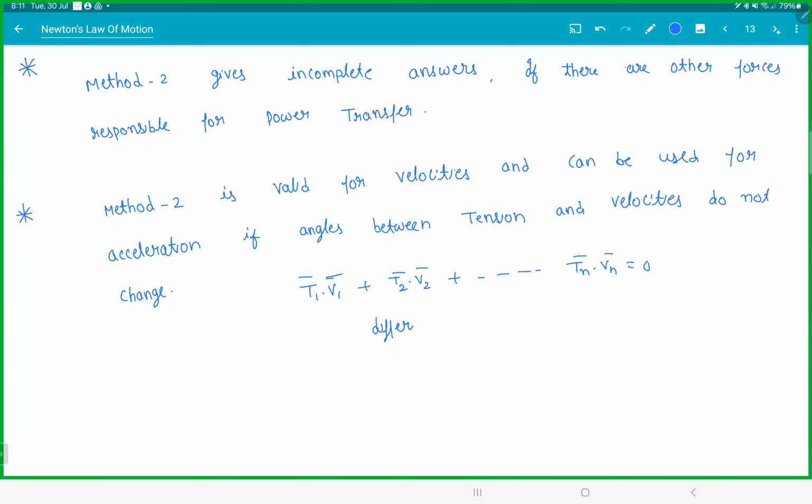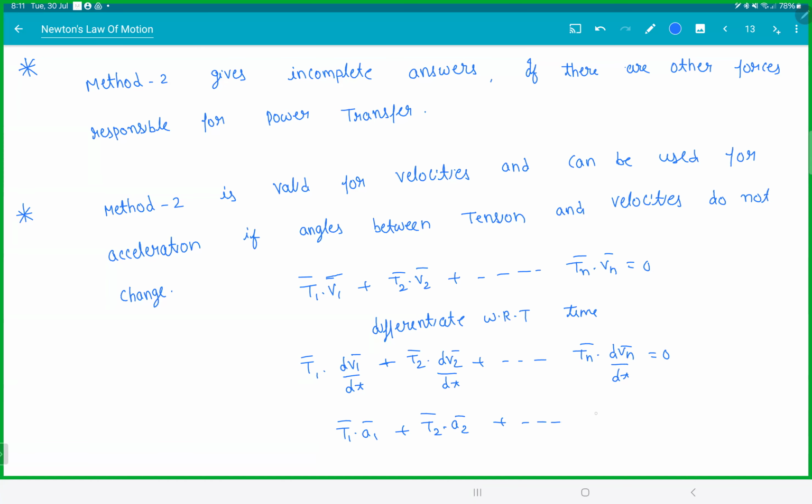If you differentiate this with respect to time, you will get T1 bar dot dV1 by dt, T2 dot dV2 by dt, so on Tn dot dVn by dt. This will become T1 dot acceleration. So you can use this formula even for accelerations also.